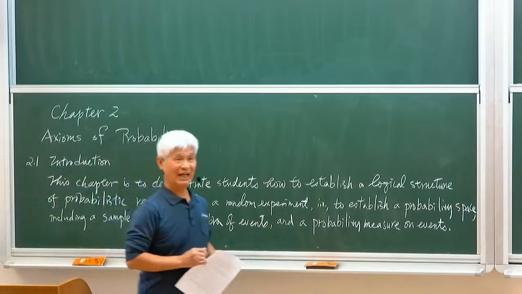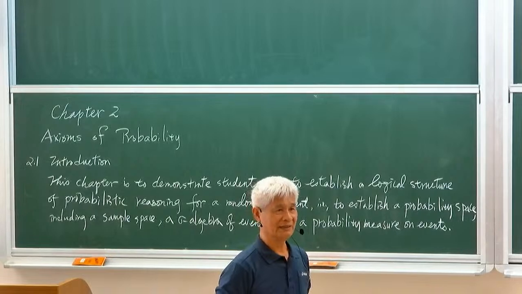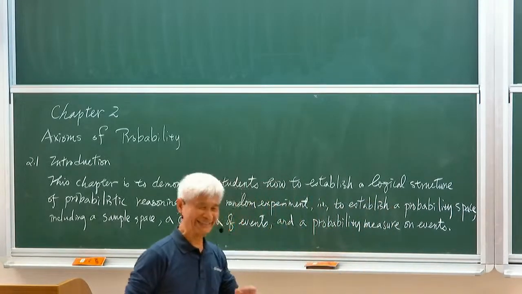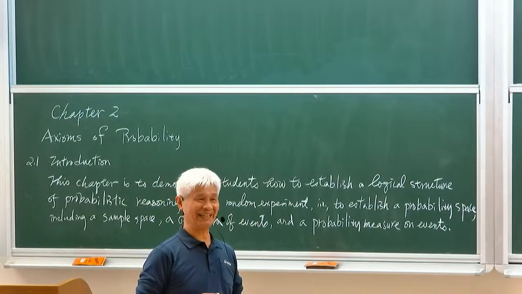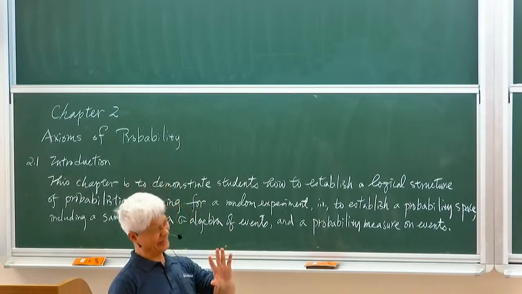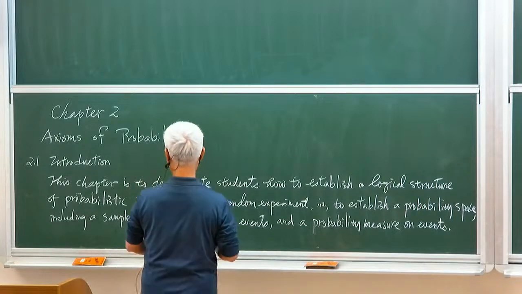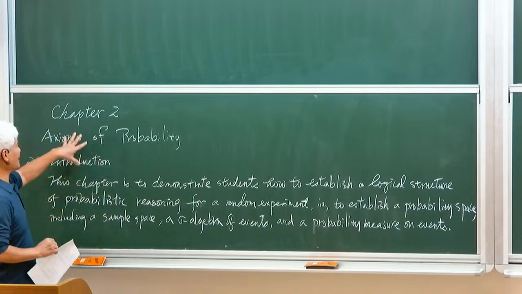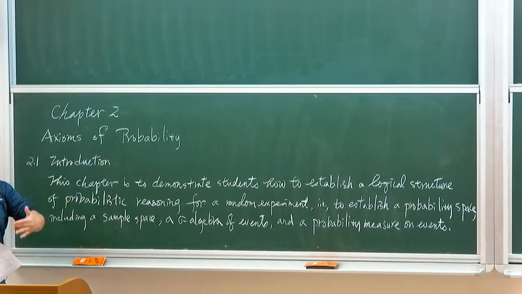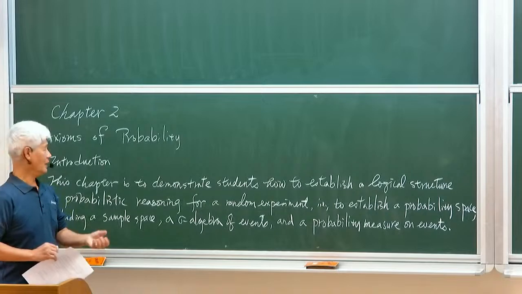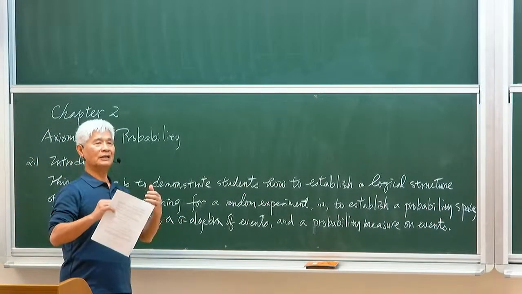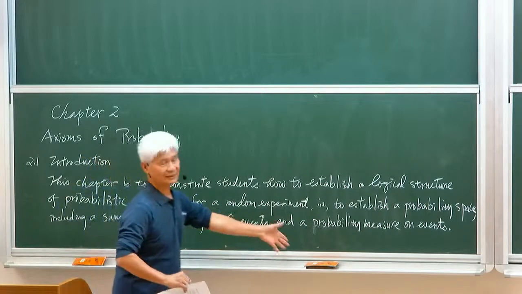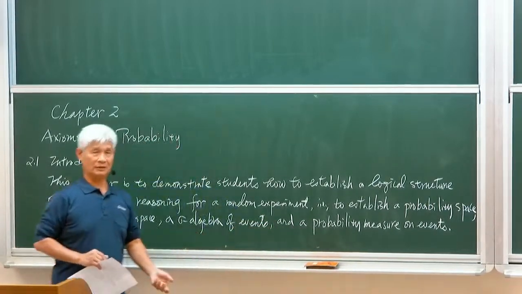Yes, please. What is a sigma algebra of events? Oh, okay. So I will define that exactly later on. I thought I was supposed to know that. I'm sorry. Yep. So this is just a very brief introduction. At the end of the chapter, you should know what a sample space is, what events are, what a sigma algebra of events is, and what a probability measure of events is.